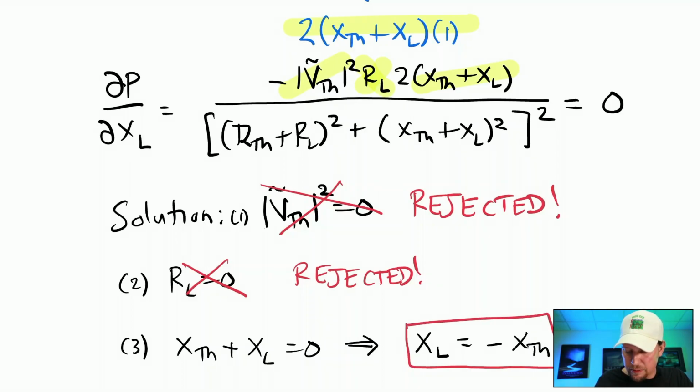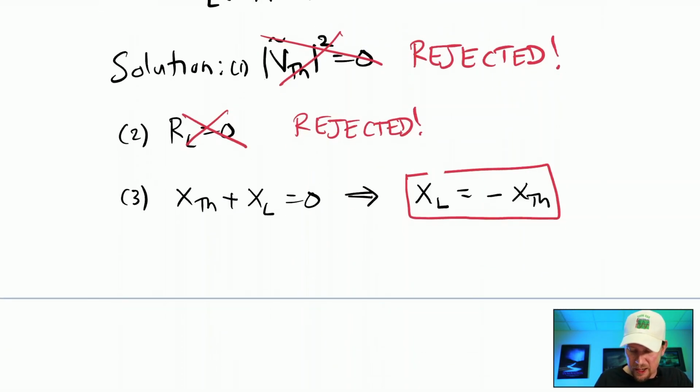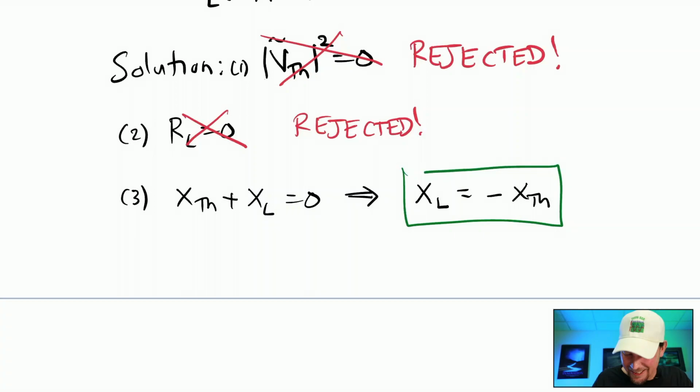This is the condition that we were looking for. Let me go back. Let's not put this in red. Let's put this in green. This is okay. This is our condition for max power transfer.